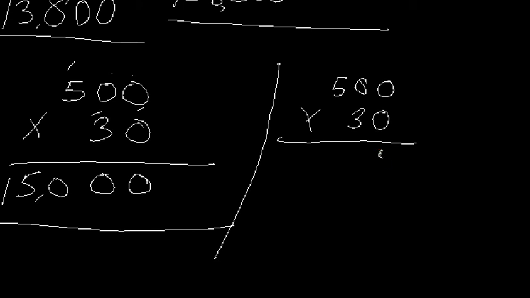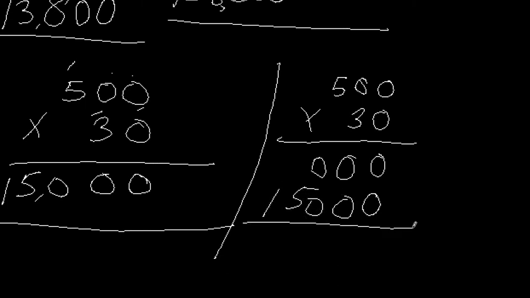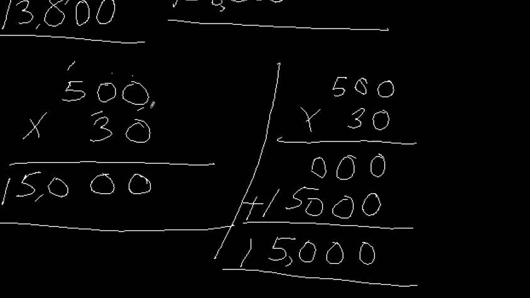Then 0 into 500 will give me 0 0 0, and in the second step I multiply 500 with 3. For that I put 0 here, since it's 30 actually, and then 3 zeros are 0, 3 5s are 15, and then I add these two steps, so it gives me 15,000, which is the same answer we get if we do it in just one step.